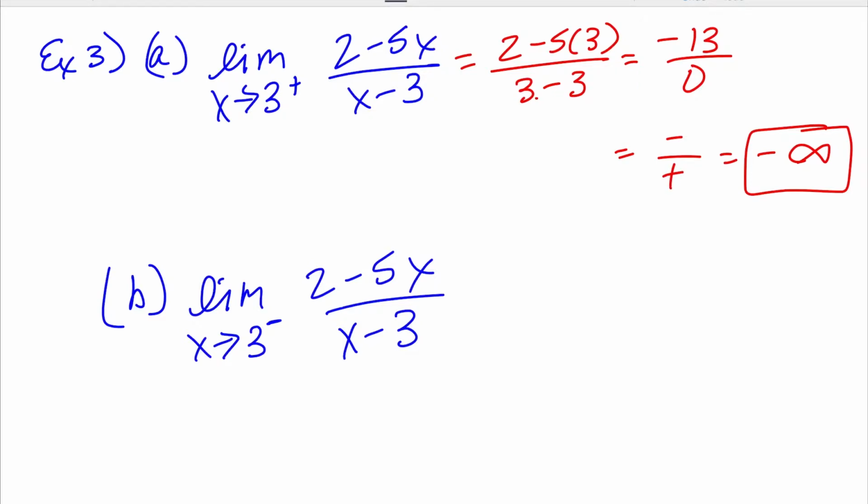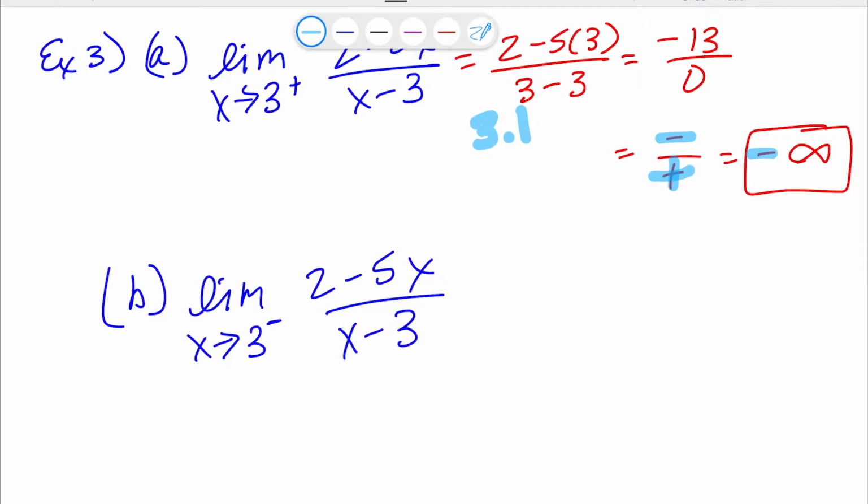Because this is like 3.1. So think about this like ghost style as 3.1. That's going to be bigger than 3, right? So if I have a negative divided by a positive here, that's how I get my negative infinity.